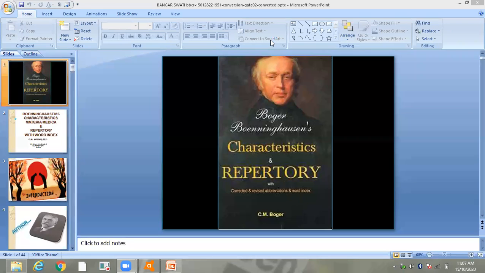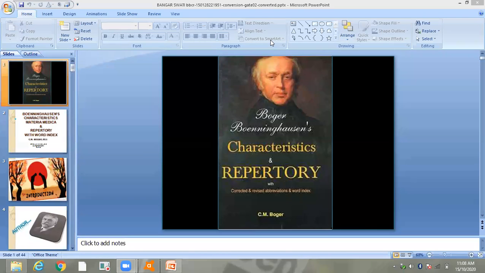Though this repertory is based on the concept of complete symptom, it is also based on the philosophy of pathological generals, and he mentioned many diagnostic clinical rubrics, and most of the diagnostic or clinical rubrics we find in this repertory.